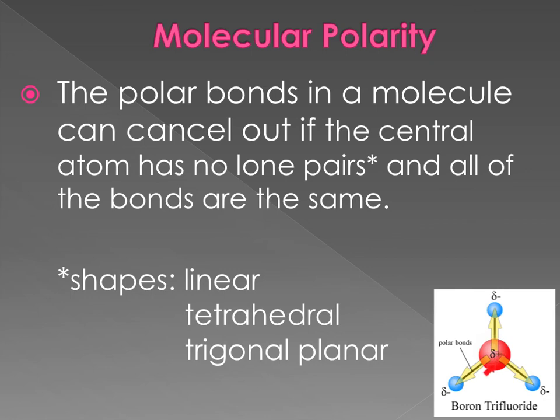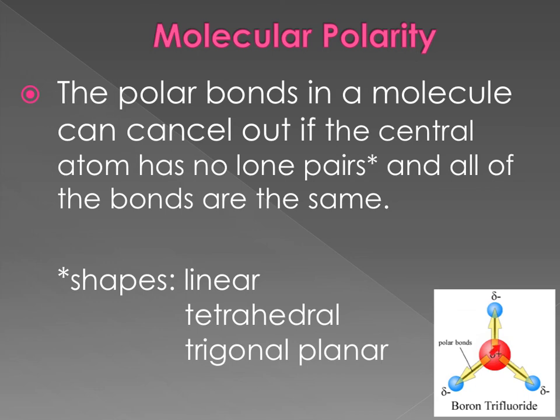Our central atom is slightly positive, so it must have a lower electronegativity. These external atoms must be the same. They're the same color, the same size, so I'm thinking that they have to be the same atoms, and they have a slightly negative charge. I'm telling you here that this is a polar bond, so those differences in electronegativities fall within that polar range.